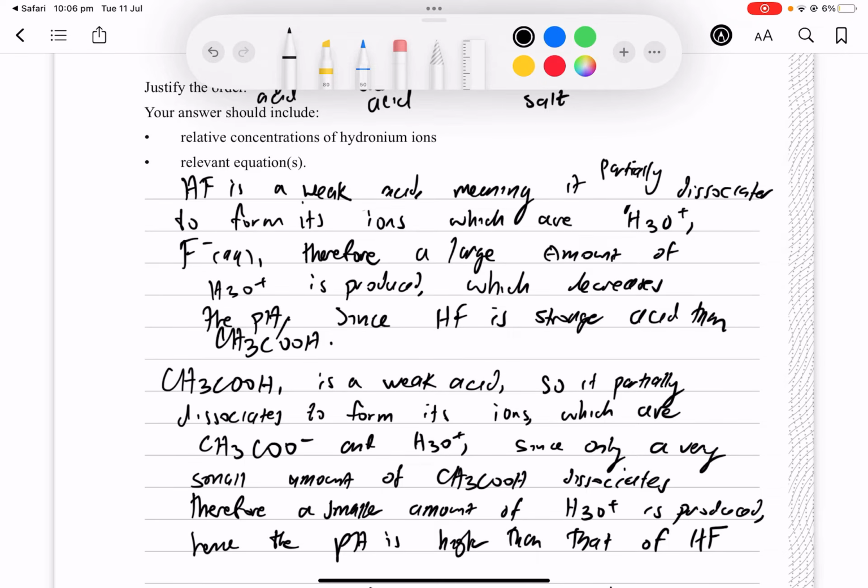A strong acid refers to full dissociation, so all of that acid will dissociate in water, while a weak acid means that not all of that acid will dissociate in water. So the correct terminology would be saying that HF is a weak acid, but I'm pretty sure it's orders of magnitude stronger than CH3COOH. So we do expect HF to still have a lower pH than that of CH3COOH.